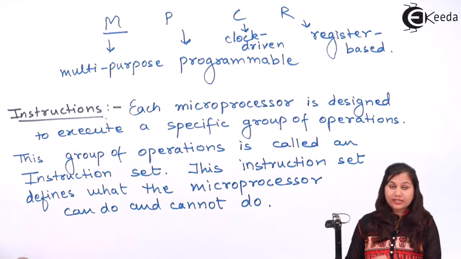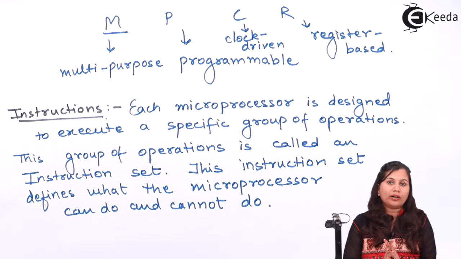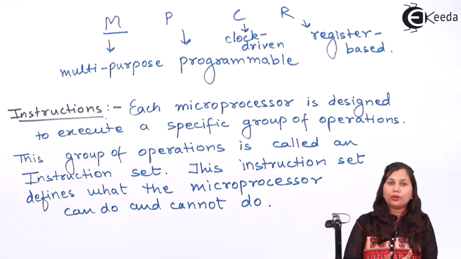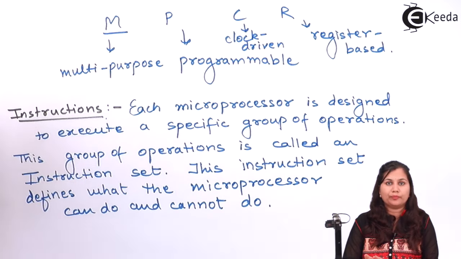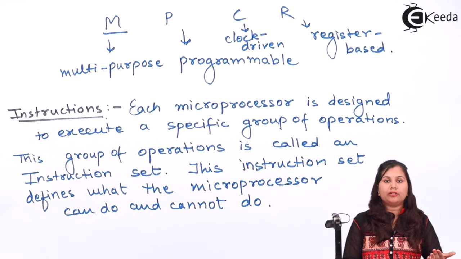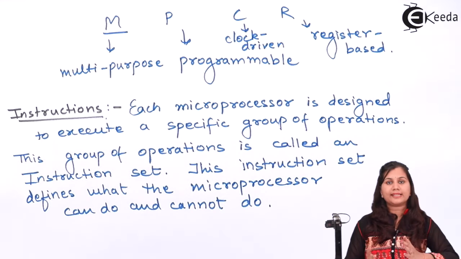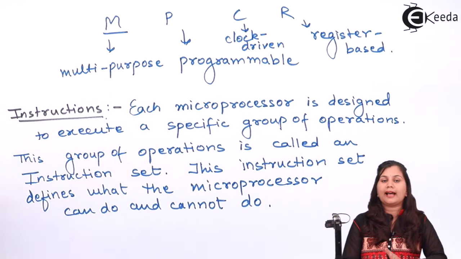Now this instruction set defines what the microprocessor can do and what it cannot do, because when the microprocessor is being manufactured, at the time of manufacturing only, the instruction set for each microprocessor is defined.